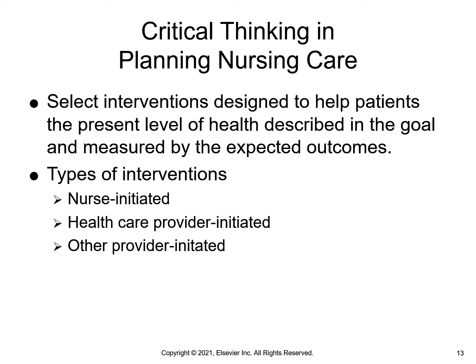A nursing intervention is any treatment or action that is based on clinical judgment and knowledge that nurses can perform to help patients reach their goals. During planning, the nurse will select interventions that are designed to help patients move from their present level of health to the level described in the goal and measured by the expected outcomes.